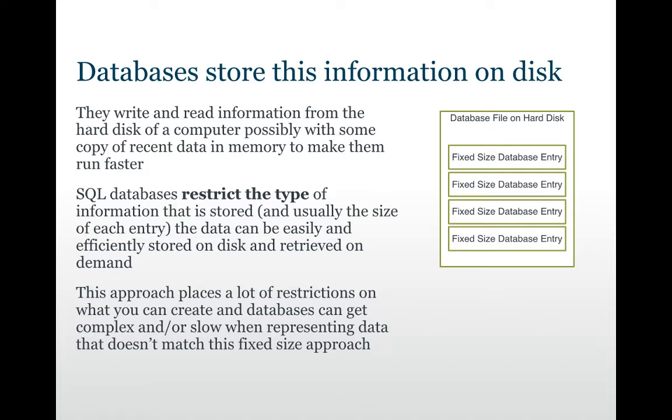Okay. So in the early days of database creation, that was necessary in order for it to be efficient. The downside was that you had to be quite prescriptive about what you were storing.